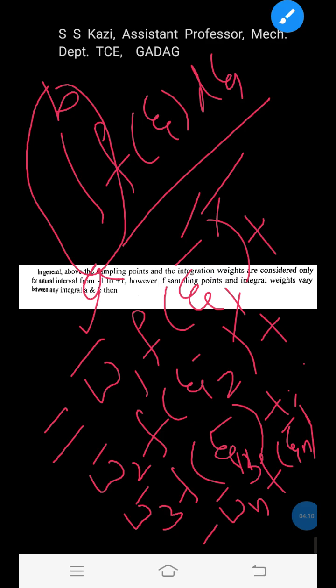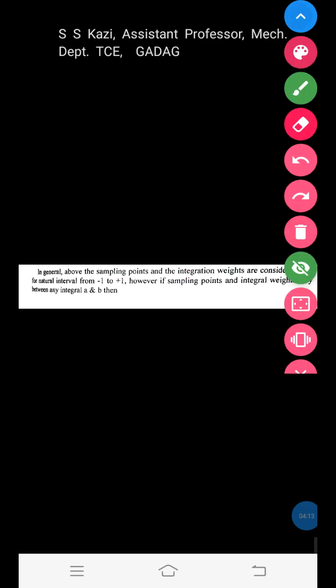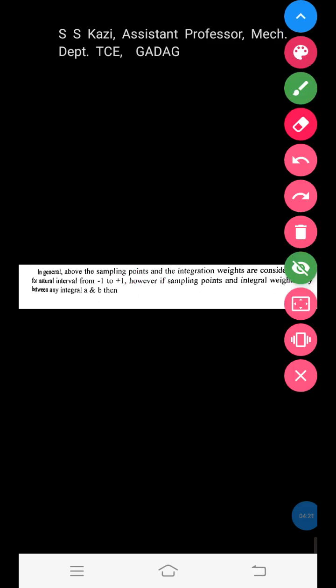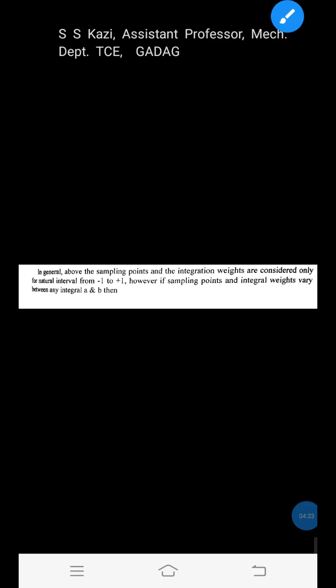Okay, now we just need to calculate the w1 bar, w2 bar and so on, zeta 1 bar, zeta 2 bar and so on, depending on the type of method we are using to integrate that particular integral.